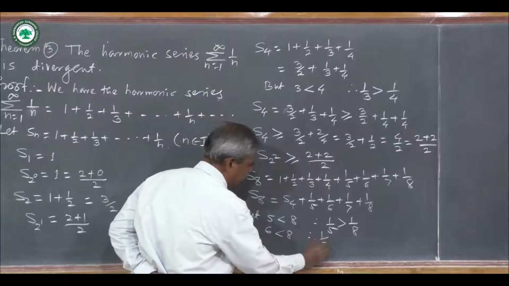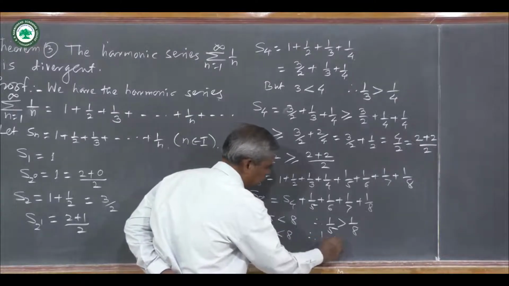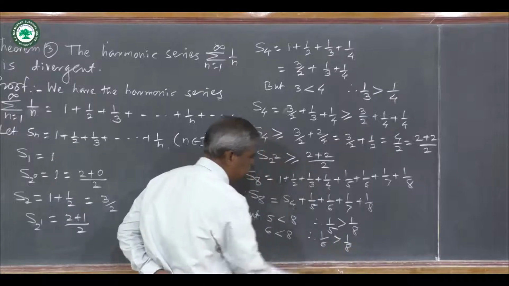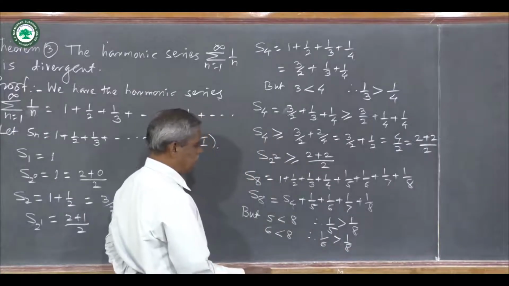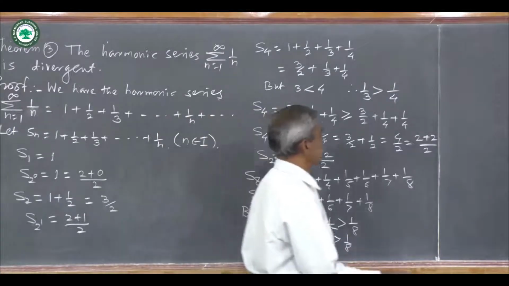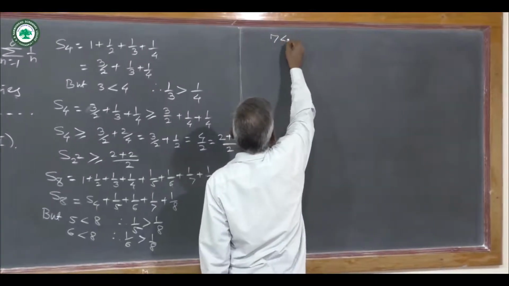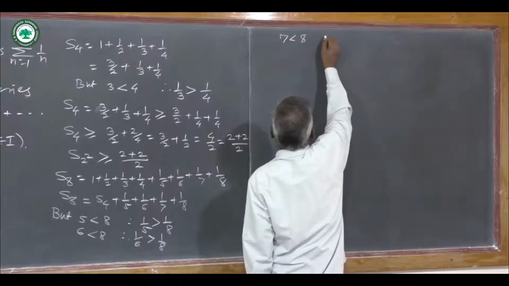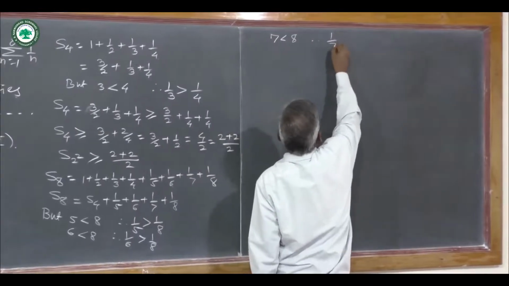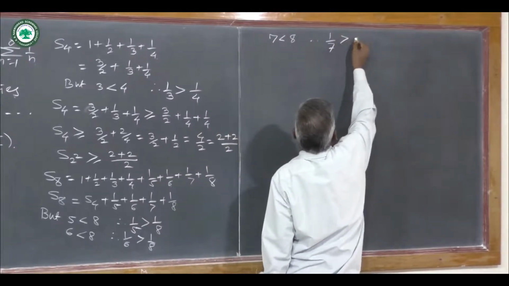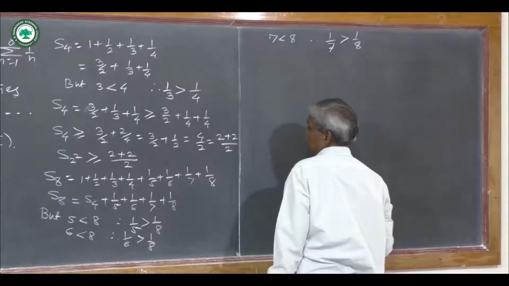Therefore, 1 by 6 is also greater than 1 by 8. Again, 7 is less than 8. Therefore, we write 1 by 7 is greater than 1 by 8.